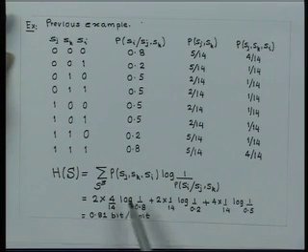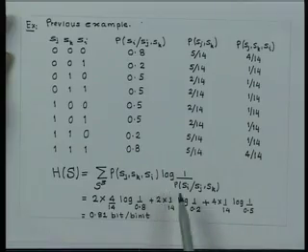So, we find that when there is a dependency upon the symbols, even if the source is a binary source, then the entropy of that source is less than a 0 memory source.